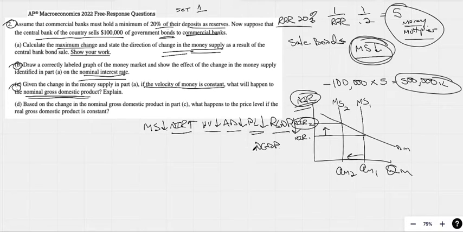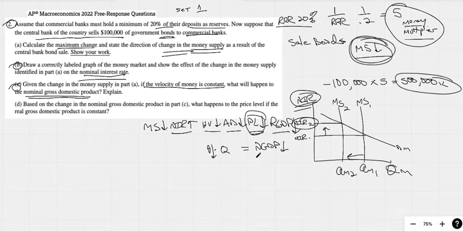Recognize that back from when you were doing GDP and CPI, first after supply and demand, to find nominal GDP is just price times quantity. Do you remember that? So if the price level's going down, then nominal GDP has to be going down also, right?